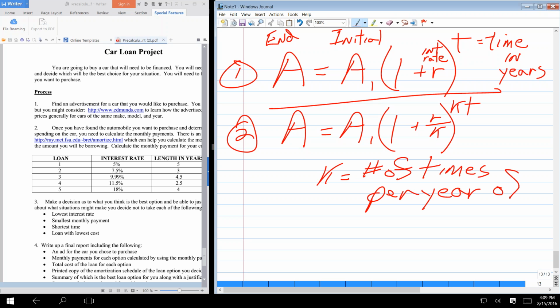In other words, if you get a bank that'll compound it monthly, K is 12. If you get a bank that'll compound it daily, K is 365.